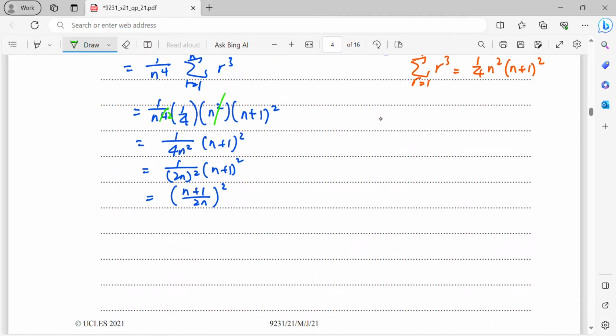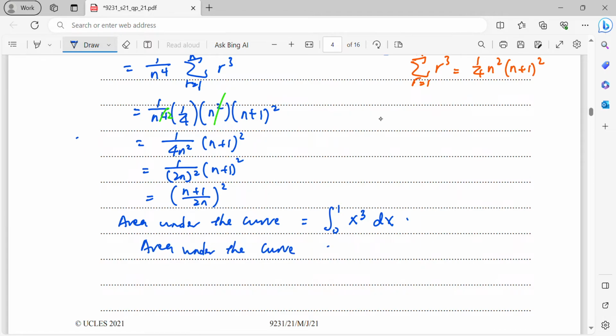So now I will write here, area under the curve equals to integrate 0 to 1 x cubed dx. So now area under the curve is less than sum of the areas of rectangles.